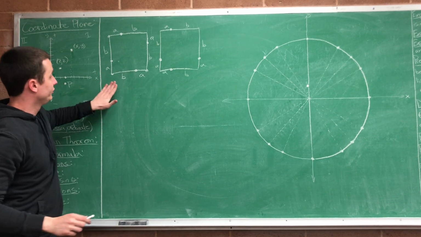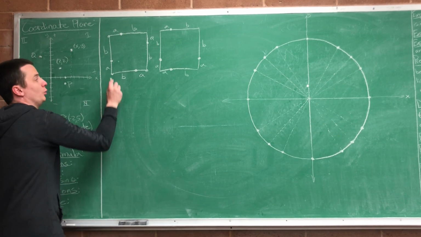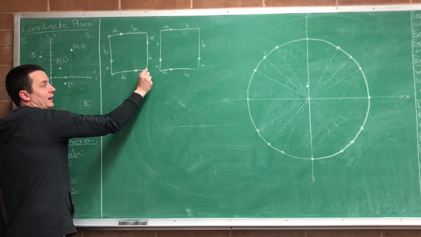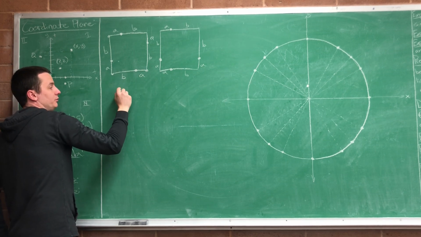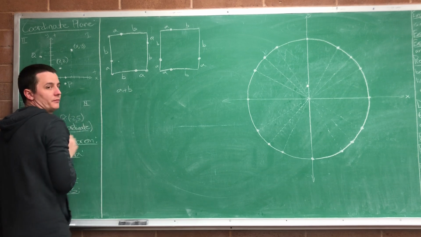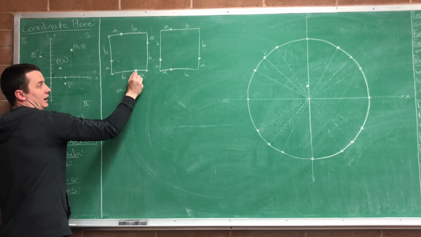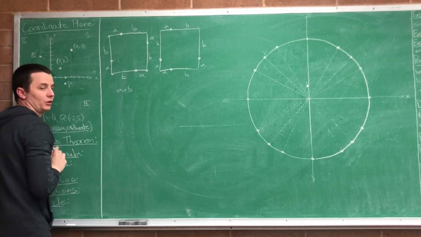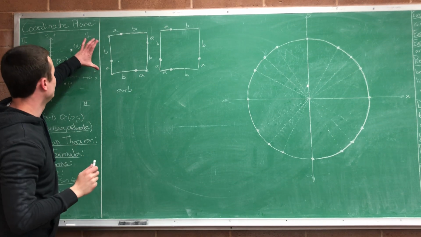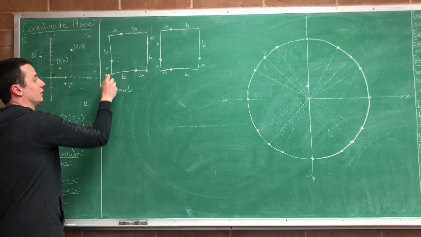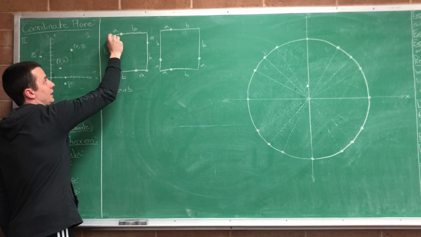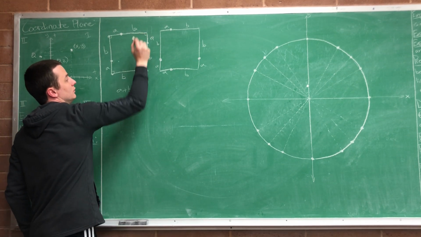Okay, now this is a square, since what is the side length of this side right here? A plus B, right? The length of this is A, the length of this is B, so the side length of the whole square is A plus B. Same with that side, same with that side, same with that side. And since it's a square, we know that all these are right angles. Right?